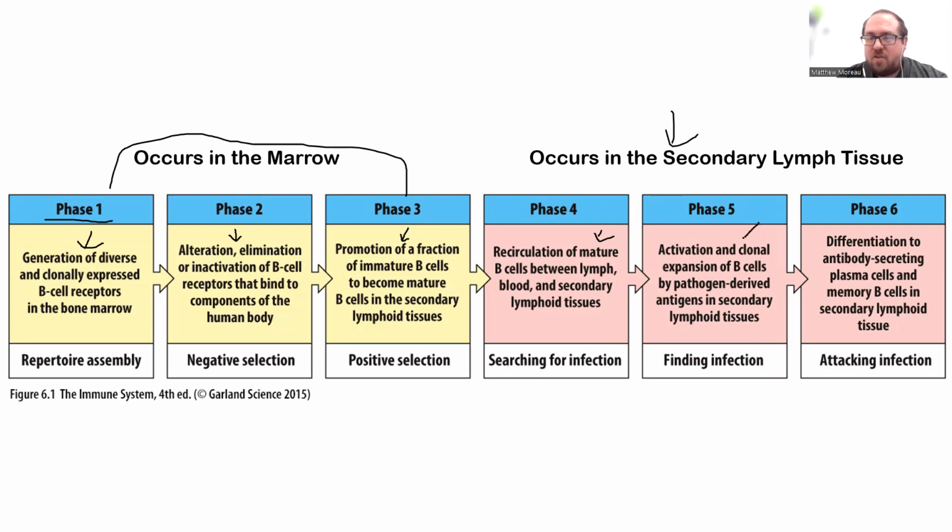When there's an infection, they're drawn to the lymph, and when they are selected for, which we'll talk about later in the week, they then clonally expand and they not only activate, but they also differentiate into plasma cells and memory B cells, which remain as B cells in the secondary lymphoid tissue. And the antibodies that are produced by that activation are produced inside the lymph nodes, but then released into the bloodstream and into the lymph.